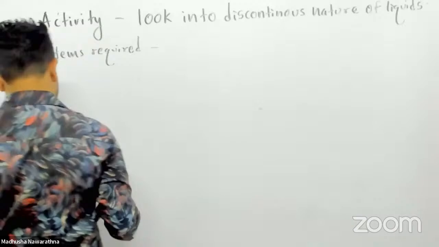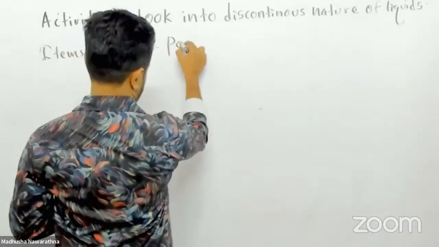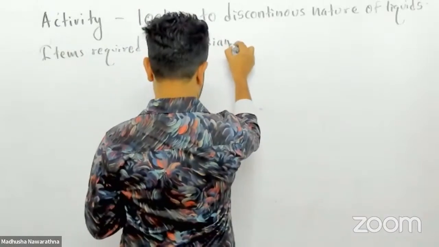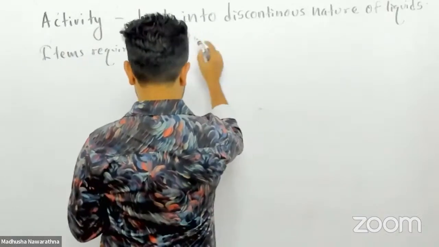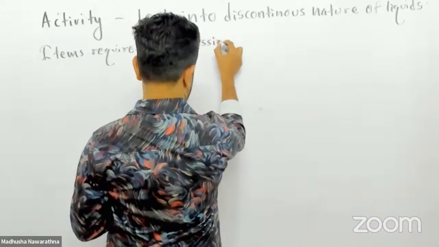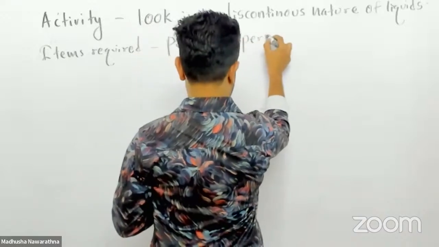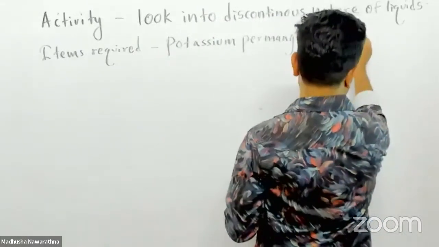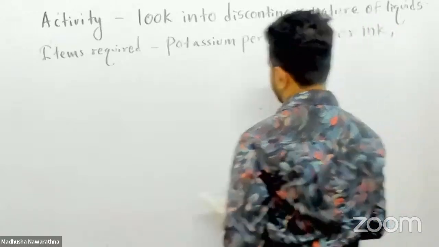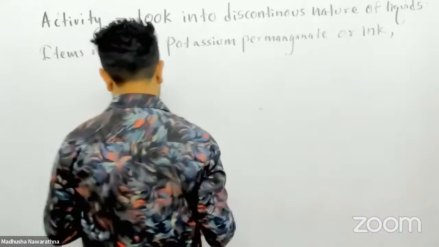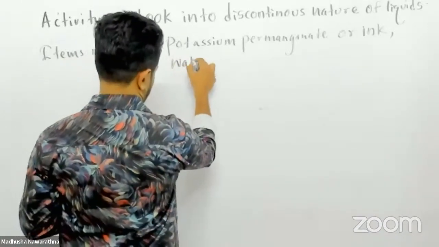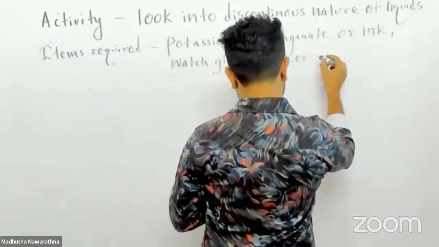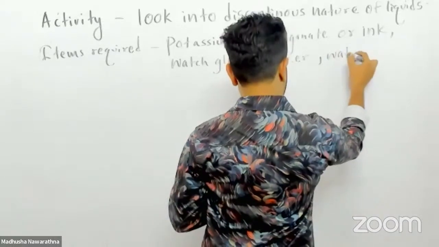Items required: potassium permanganate or ink, watch glass, beaker, and water.